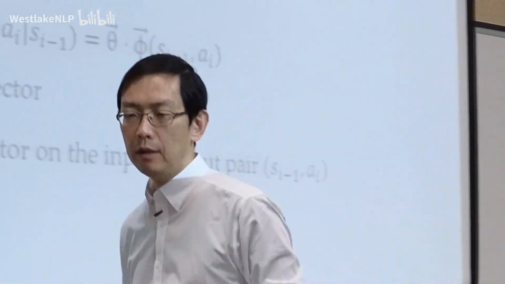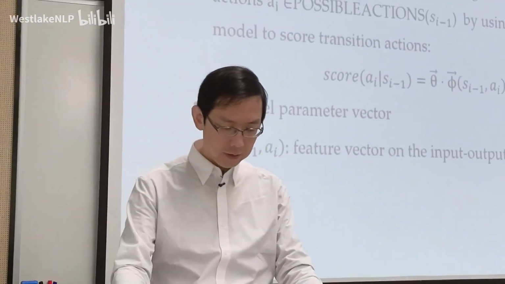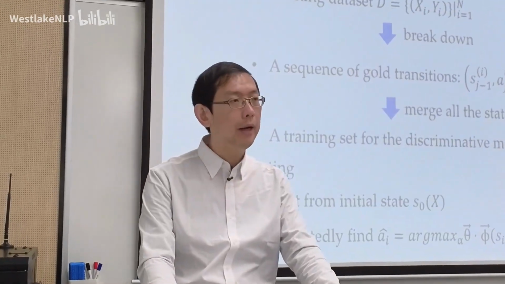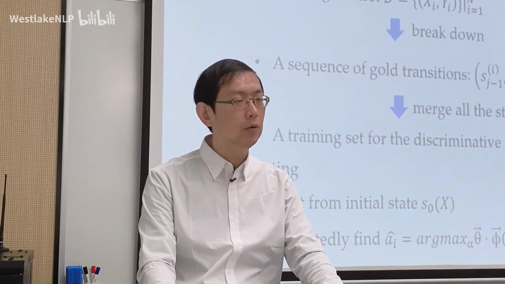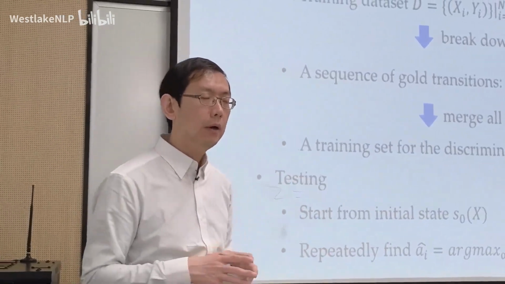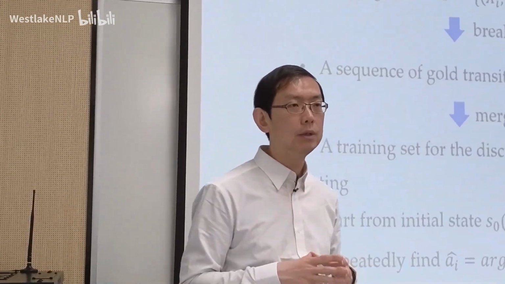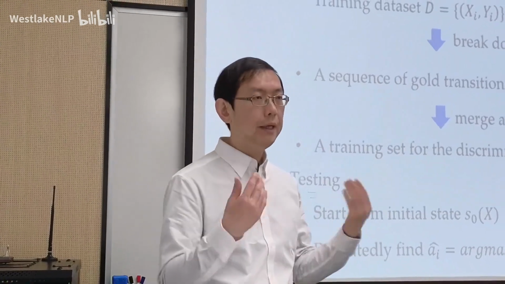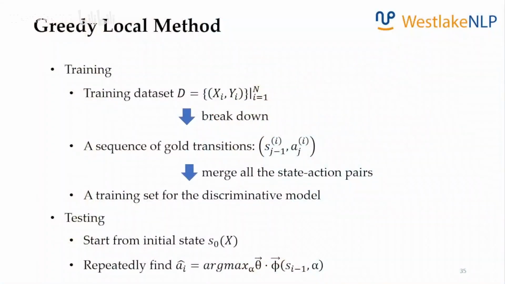So when we are given a gold standard set of data, D is equal to x_i, y_i pairs for i equal to 1 to capital N. We're given capital N training examples, where x is an input and y is a gold standard output structure. We need to break this output structure into a sequence of gold actions.